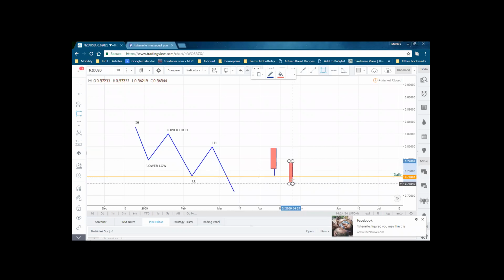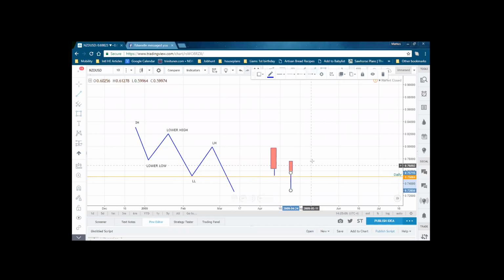Price can, during the session, push all at once past, but if it bounces back, if it gets rejected and ultimately closes above, even with a wick as long as this, it's still not a new structure low. It hasn't actually broken this level right here.